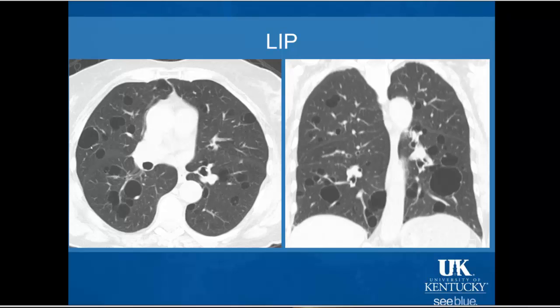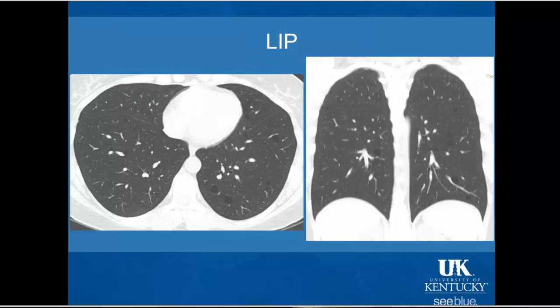So you'll frequently see these vessels splayed or the cyst enveloping the adjacent pulmonary vasculature, and that's that perivascular distribution. So these cysts are slightly lower lung predominant, and they've got that perivascular quality that helps separate them from LAM. But in subtle, more mild cases, separating out LAM from LIP based entirely on imaging can be difficult.